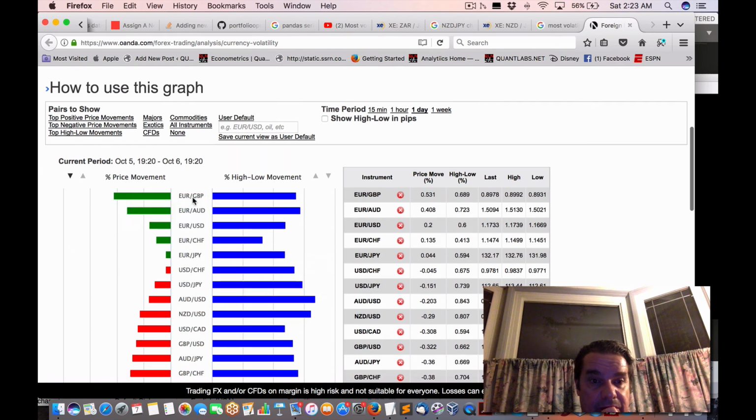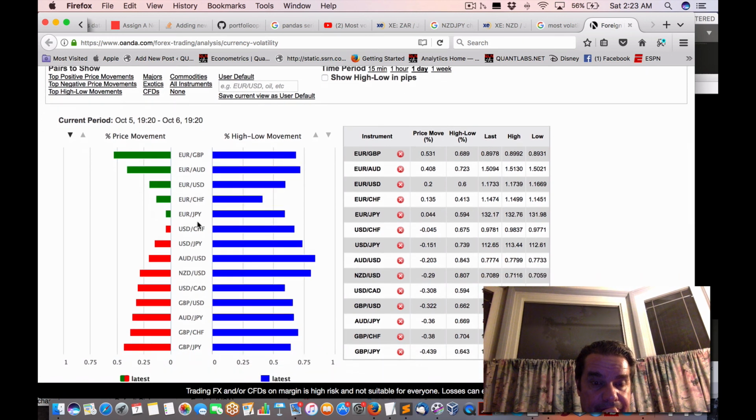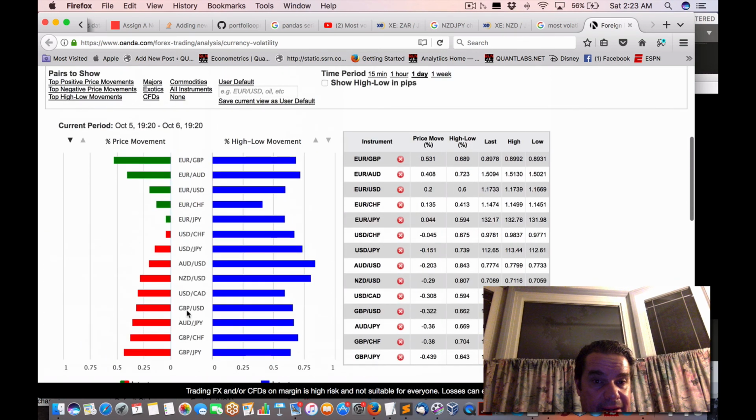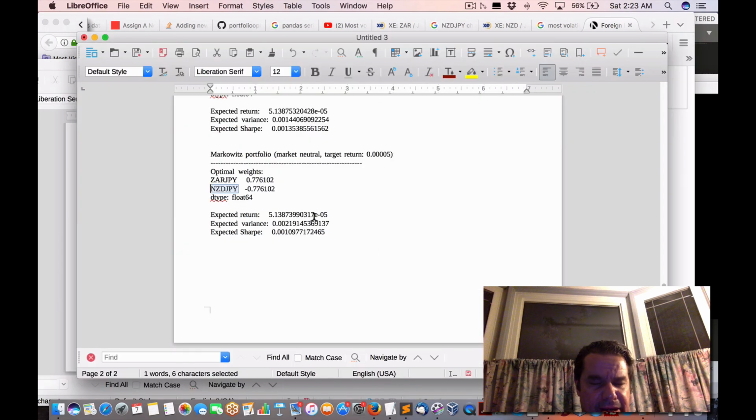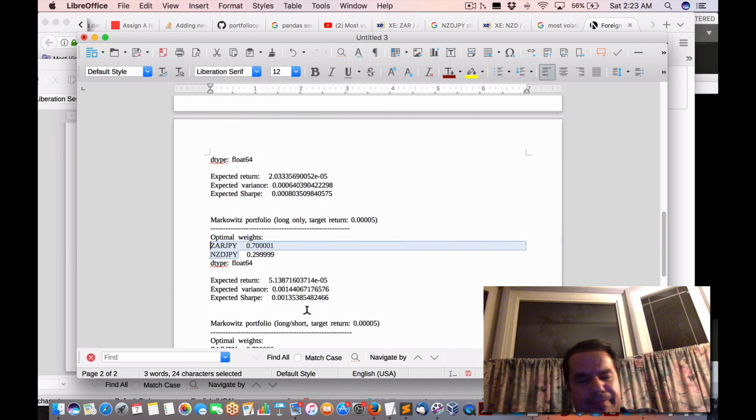Price movement. So the euro, British pound, euro, Australian dollar. See, they don't include all the majors. Another thing I did mention in this combination is I got to make sure that my broker Dukascopy, I can trade these.